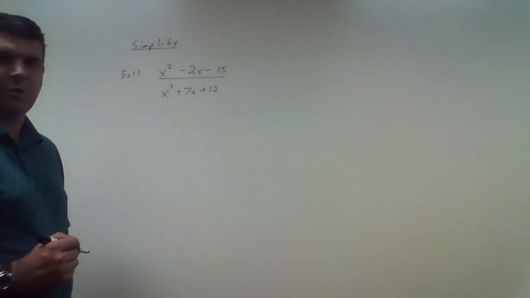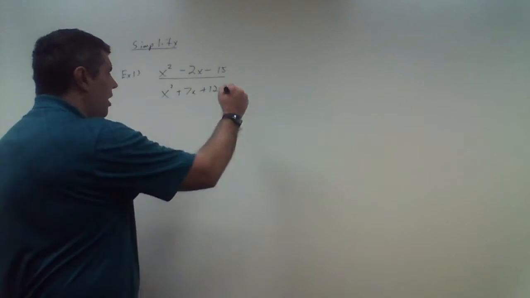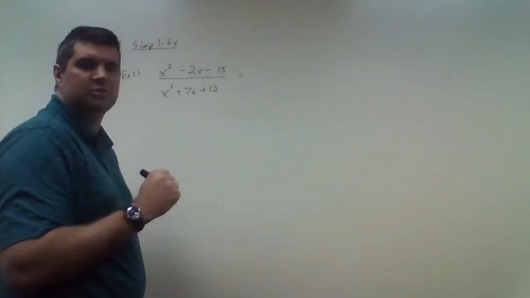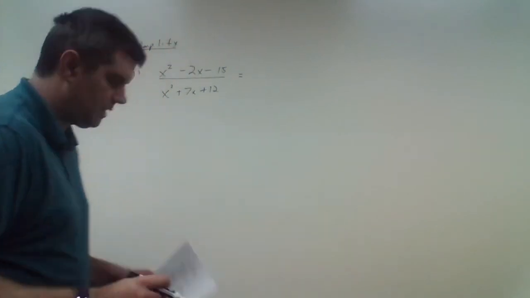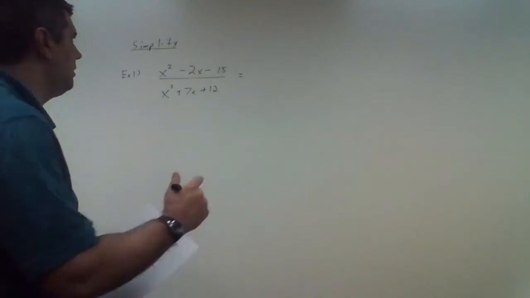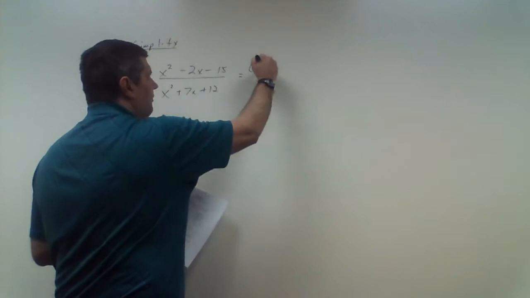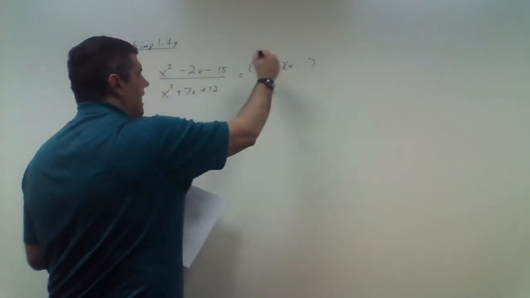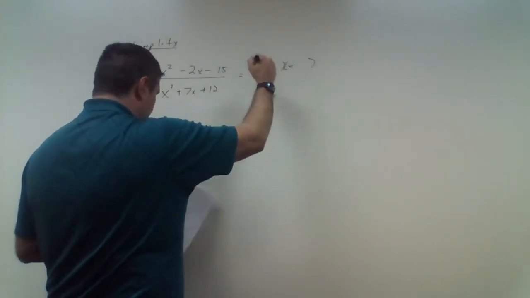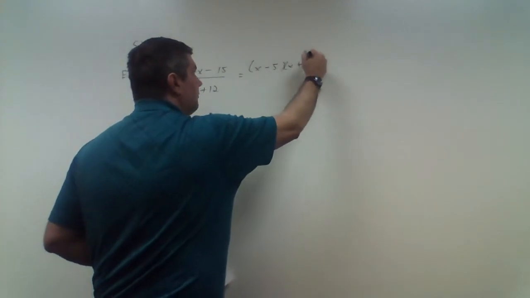When you are confronted with a rational expression with polynomials on top of other polynomials, what you need to do is factor top and bottom. So this is a trinomial. We'll factor as x and x. 2 factors of negative 15 that add to negative 2 are negative 5 and positive 3.